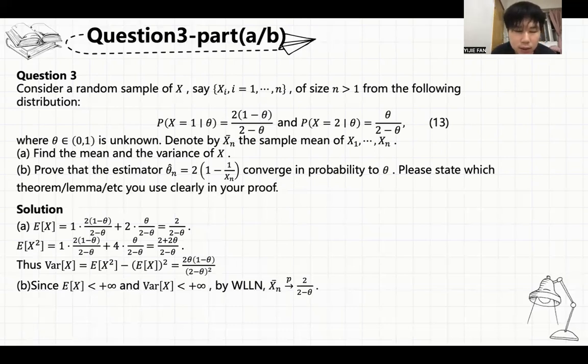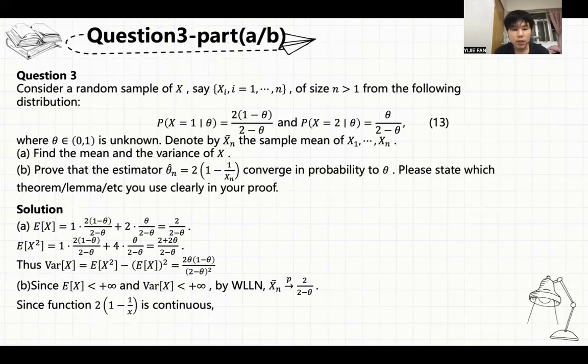Since EX is less than positive infinity and variance of X is less than positive infinity, by the weak law of large numbers, we can get that X n hat converges in probability to 2 over 2 minus theta.